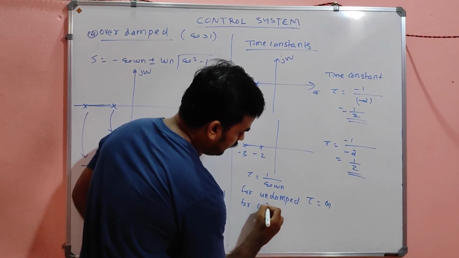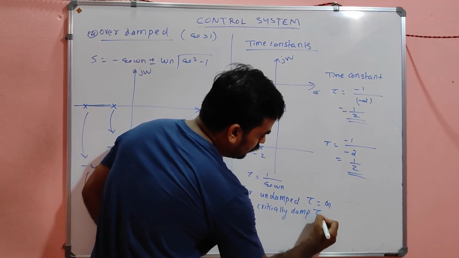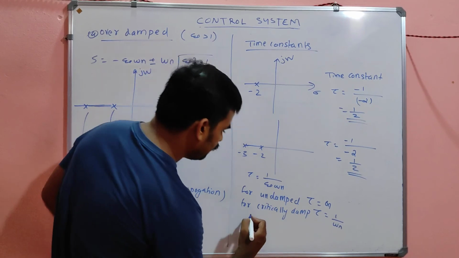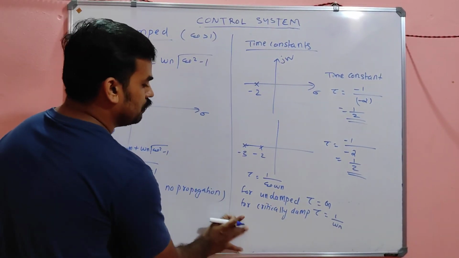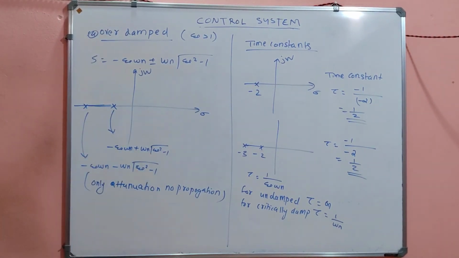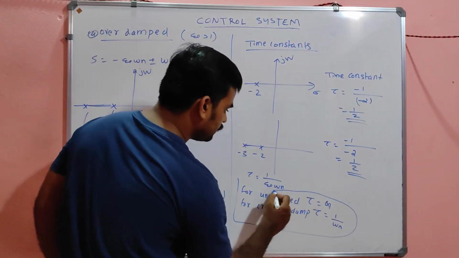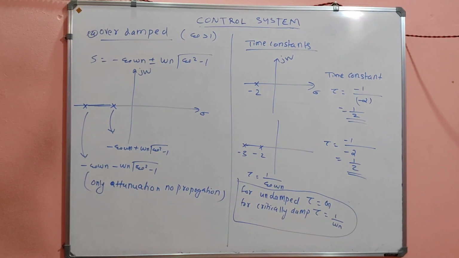For critically damped, tau is equal to 1 by omega n. That's all, only this you have to note down. For underdamped and overdamped, you definitely have to calculate like this. So this you have to note.